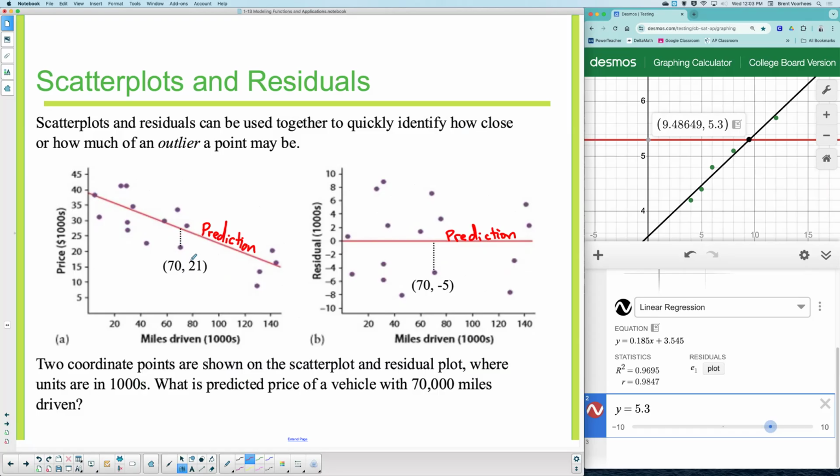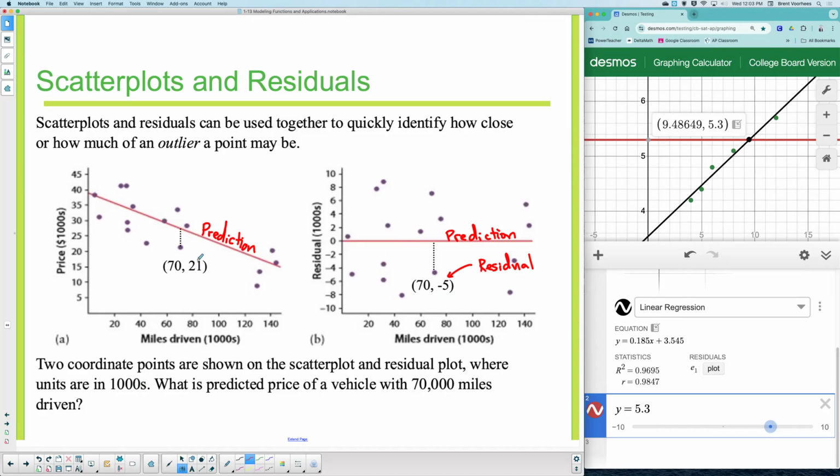Now, is 21, at this point here, 70, 21, above or below the prediction? It's below. Now come over here. You see how it's also below? The residual value would be called -5. That right there is your residual. What that means is it's 5 different than the prediction.